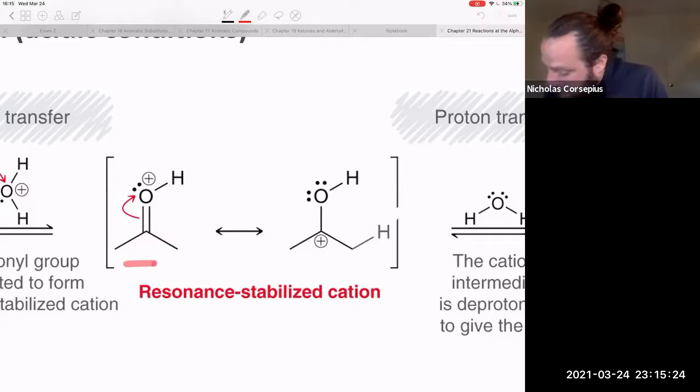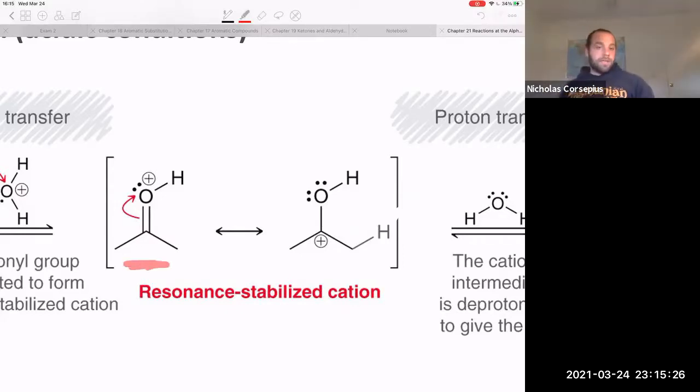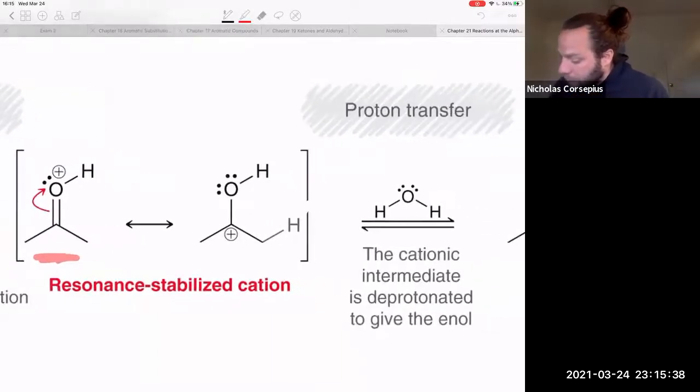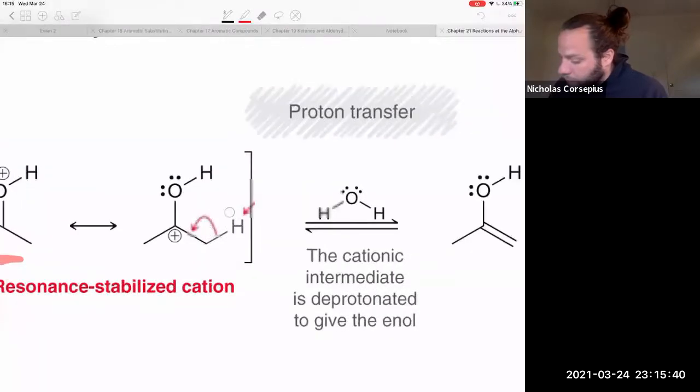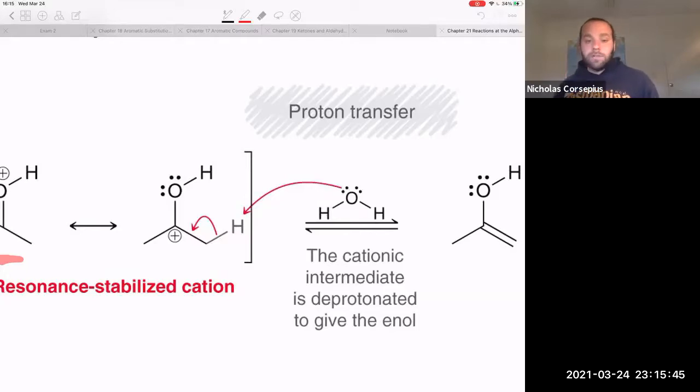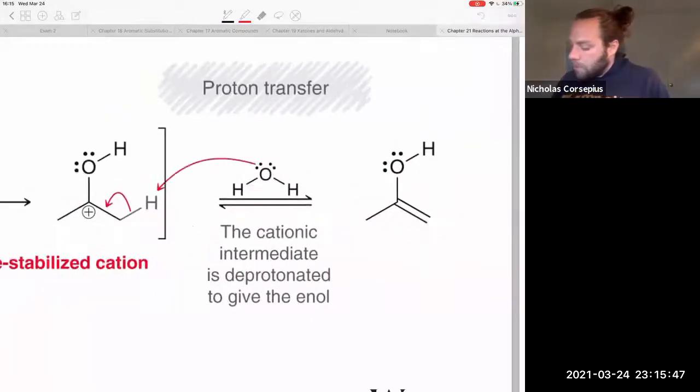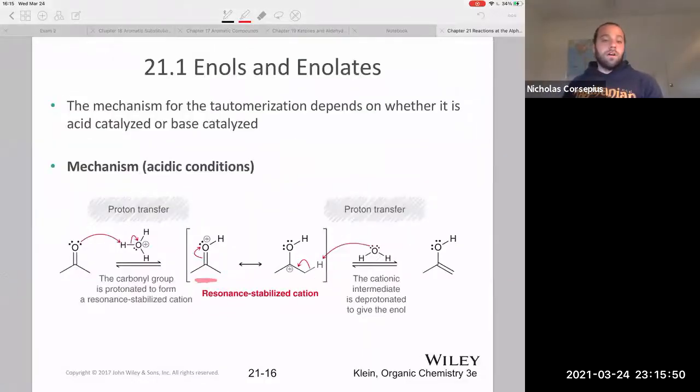Now, this is the more favored resonance structure because in this particular structure, everybody has a complete octet. In the carbocation, the carbon wouldn't have a complete octet. Nonetheless, it's actually the other resonance structure that's very important for the enol formation. You have water coming and grabbing that hydrogen, and that pair of electrons comes back down, forming your enol. So this is the acid catalyzed ketone to enol tautomerization.